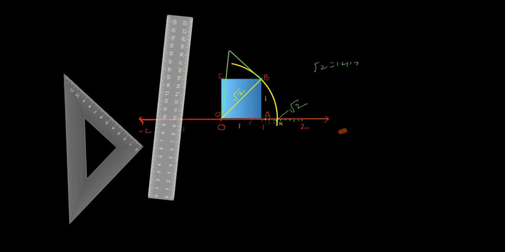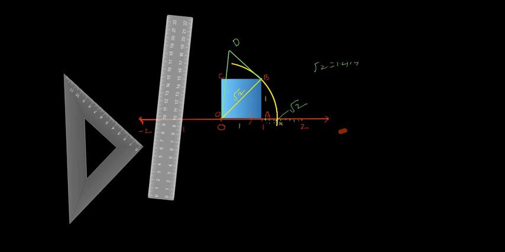Now you observe here there is a right angle triangle with hypotenuse O, B and some D. This point is D. OD is the hypotenuse of the right angle triangle OBD.